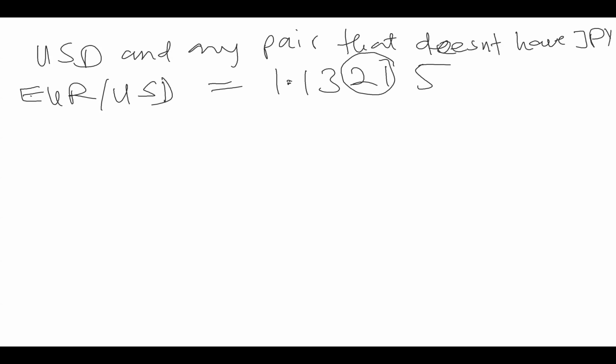So for Euro USD, this is your pip, 21. That's the number you count as your pip. So for USD pairs and any other pair that does not have JPY, it's the fourth and fifth number in the price.